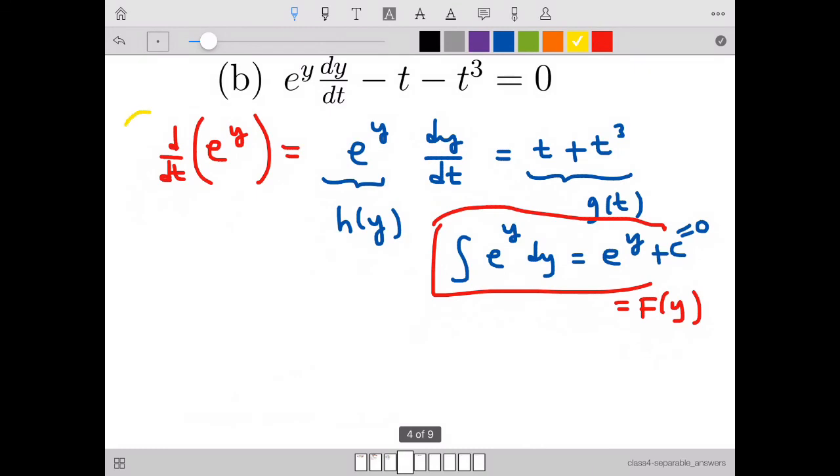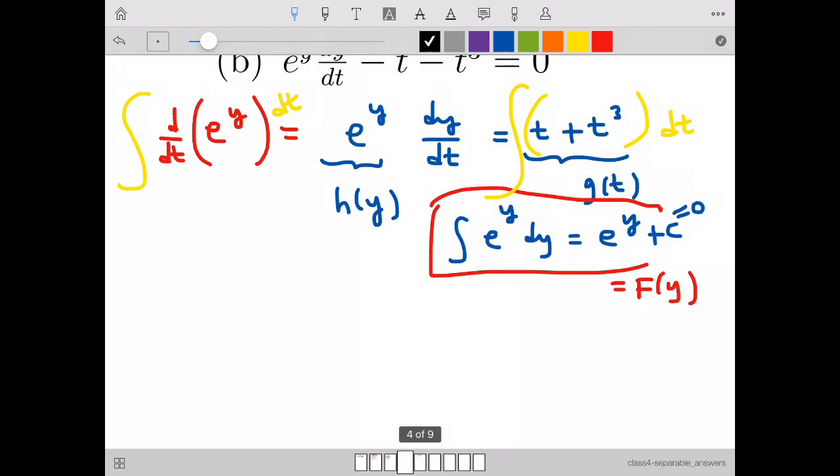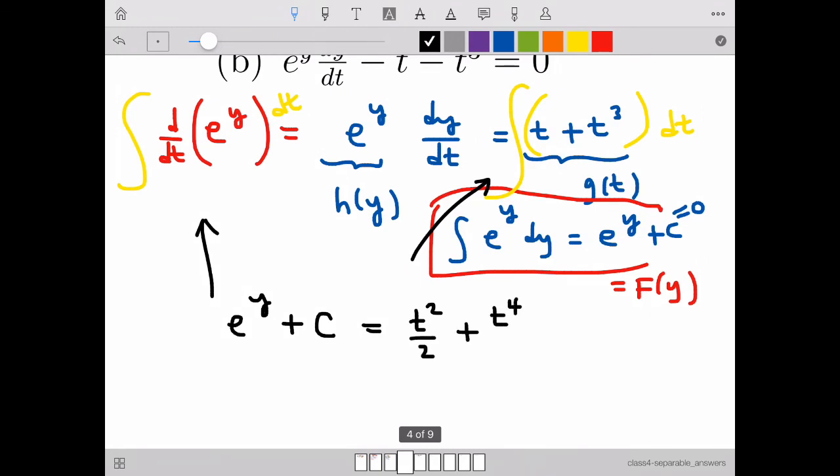Okay, so we do the integral with respect to t. From there we get e to the y plus c. From here we get t squared over 2 plus t to the 4th over 4 plus some other constant, c1.